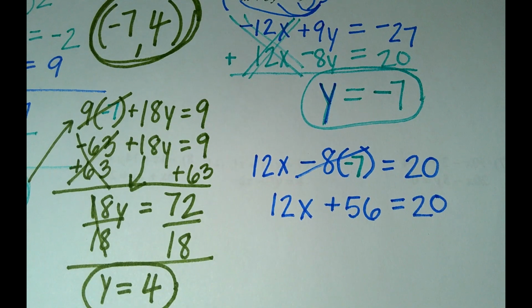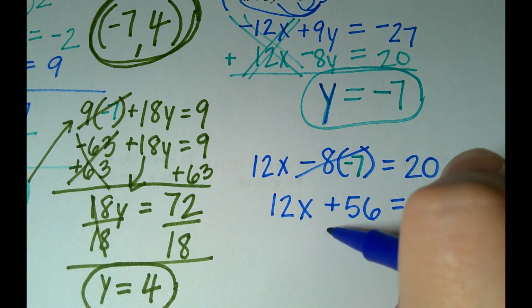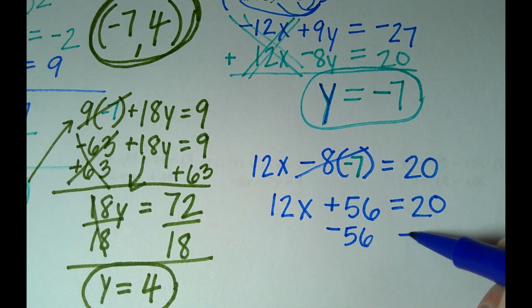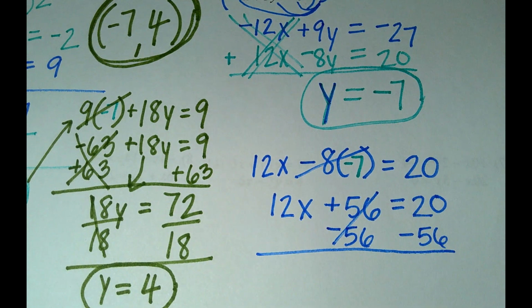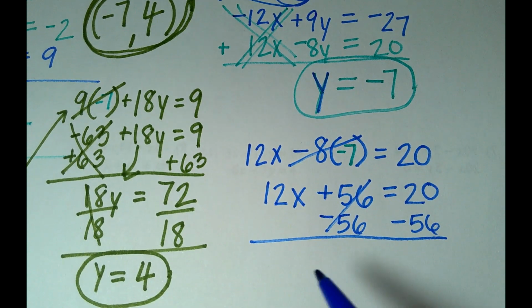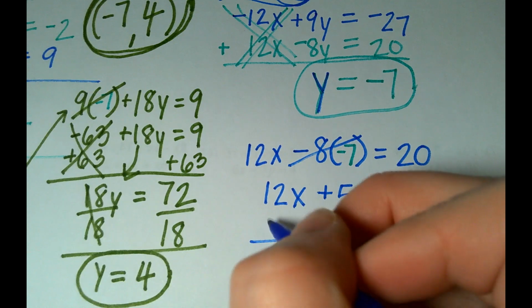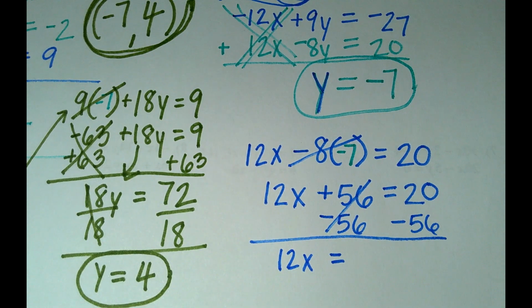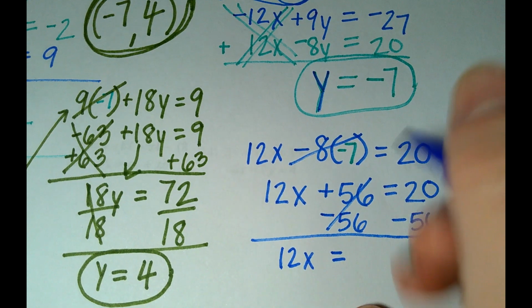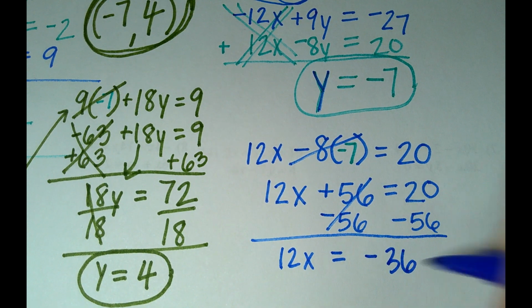What do I do next? Subtract. Yes, subtract 56 from both sides. We'll let those cancel. And I'm going to bring down my 12x equals 20 minus 56, negative 36.